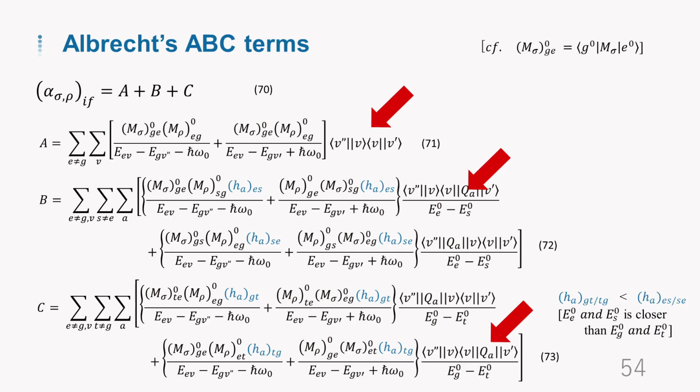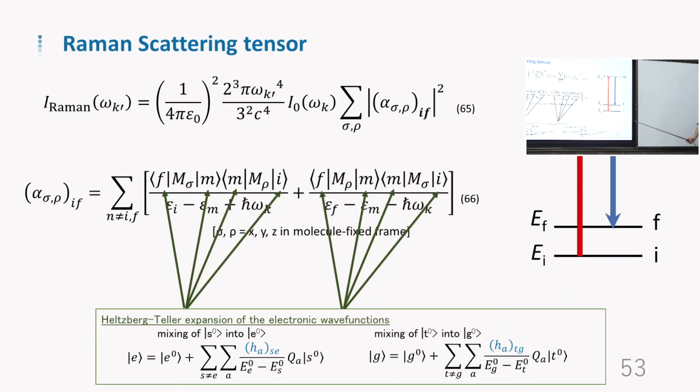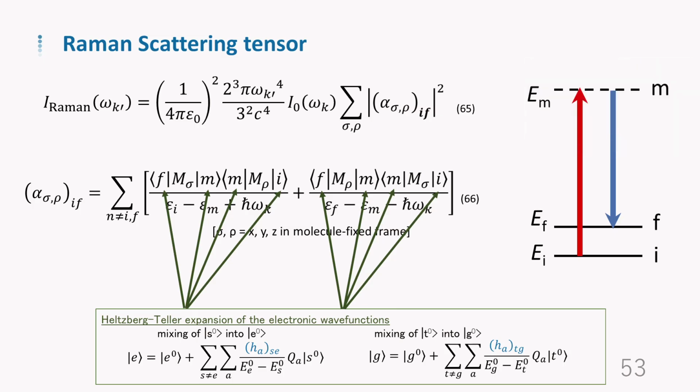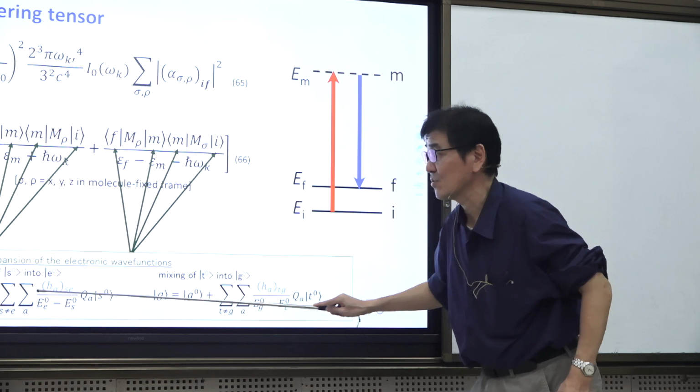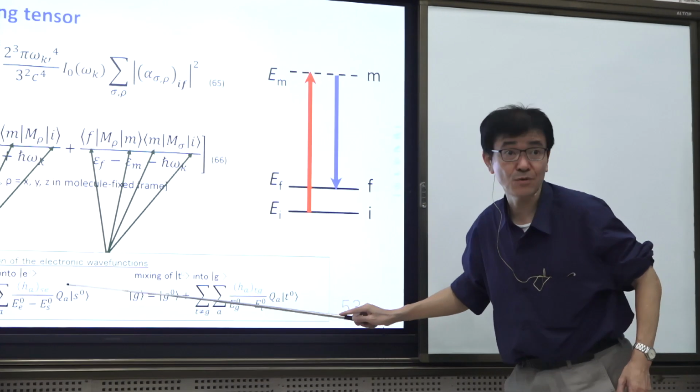The electronic wave function consists of the main part and the additional part. The additional part contains coordinate q.